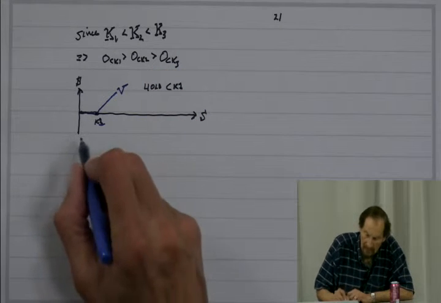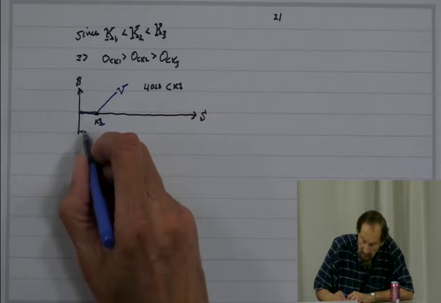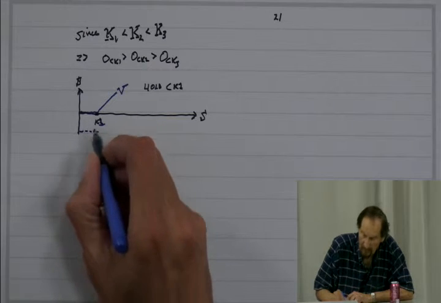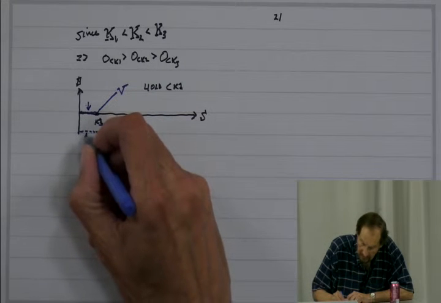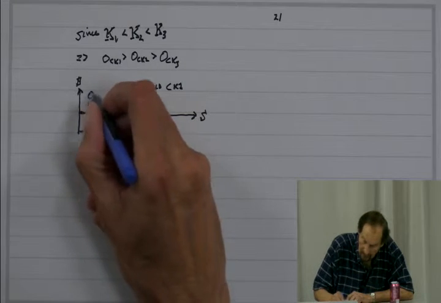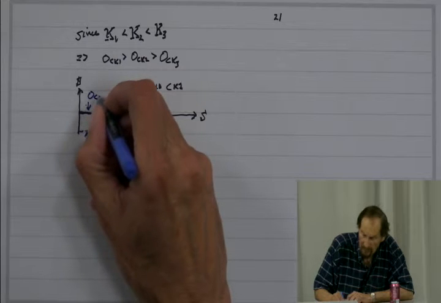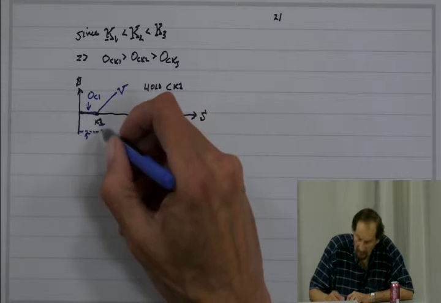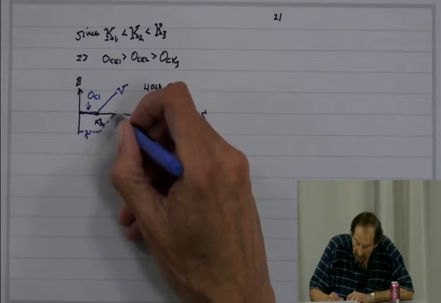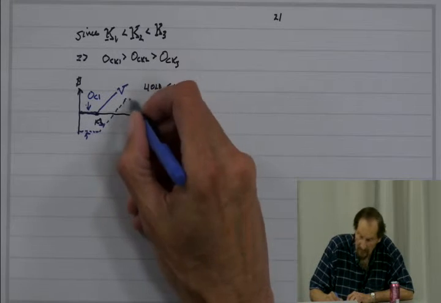Now the premium is high for this. Let's see if this looks high. Let's call this O C1 instead of K1. And we'll go up like this. This is our pi.